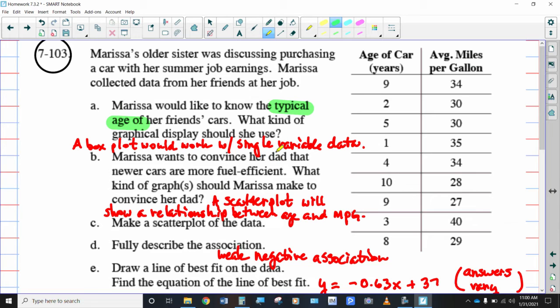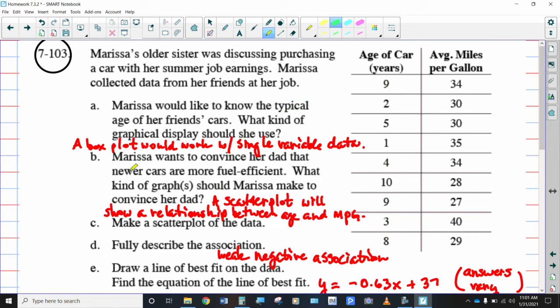In a situation like this, where you're only dealing with a single variable, we're only focusing on the age of the cars here. You might set it up as a box plot so you can get the minimum, maximum, and the median, which would be the typical age, another word for average. And then the whole interquartile range could give you a broader sort of median or a broader average.